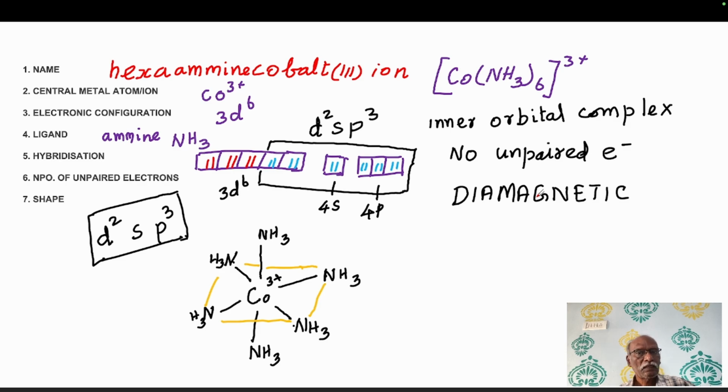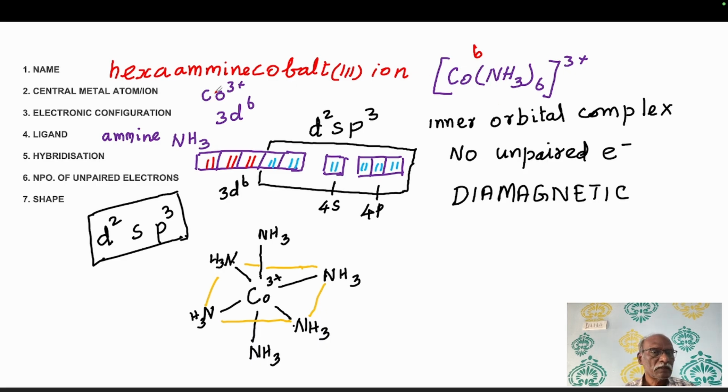Here is a cobalt complex. Cobalt atom or ion surrounded by 6 ammonia. The coordination number of this cobalt is 6. 6 ligands surrounding the center atom, and thereby giving rise to this complex sphere.